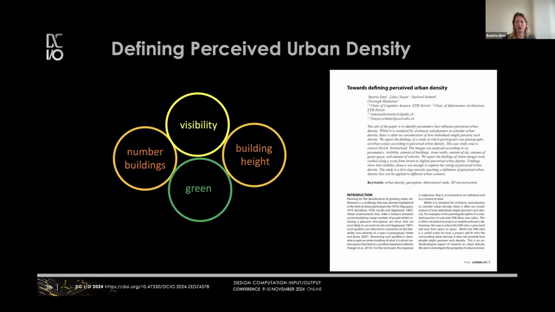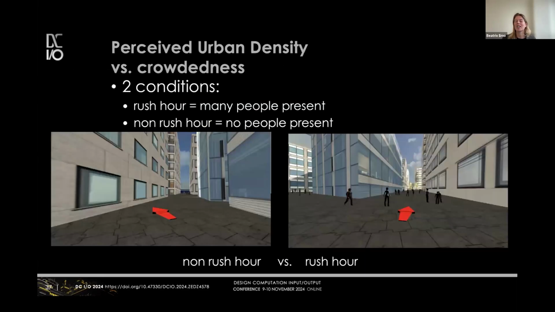However, a big factor of perceived urban density is people, whether people are there or not, and I had specifically excluded them in the pictures that I had in that pilot study. So I went on to really target this issue. How important is presence of people for our definition of urban density?